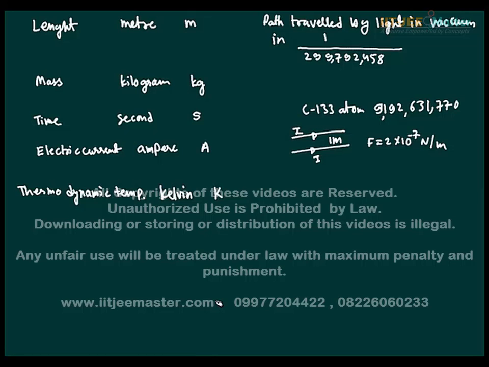With the help of this concept, we must know the triple point of water is 273.16 Kelvin. So 1 by 273.16th part of the temperature of water at the triple point is a Kelvin.